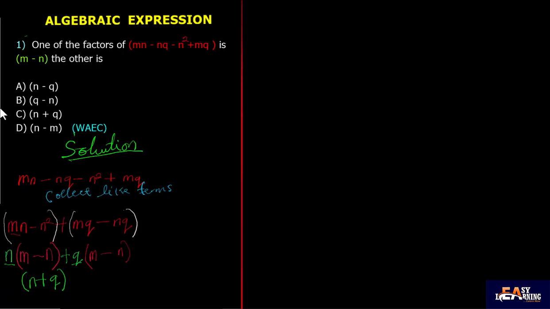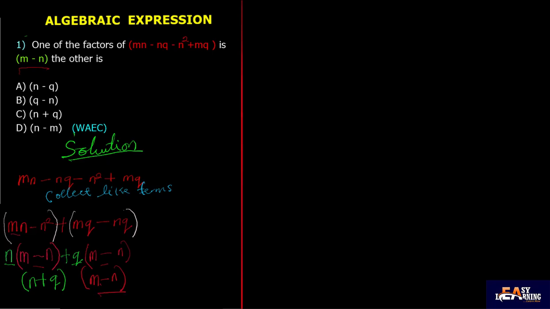And then the next bracket is going to be what we have here. Among these two brackets, we pick one to write: m minus n. And we've seen that in the question we were given the first factor, m minus n, which we are having here also as m minus n.